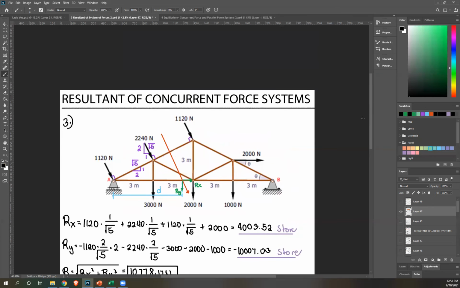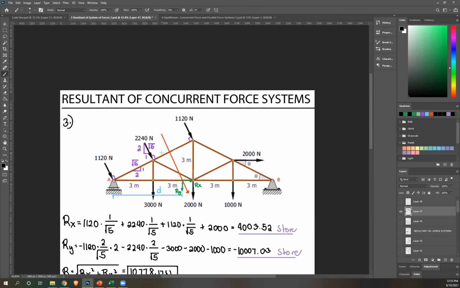Now we have to create an equation for moment about A. Let's start from the leftmost force. We have 1120. It passes directly through A, so I'm going to ignore that. Next, we have 2240. So I need to resolve this into X and Y components, or if you want, solve for this perpendicular distance.